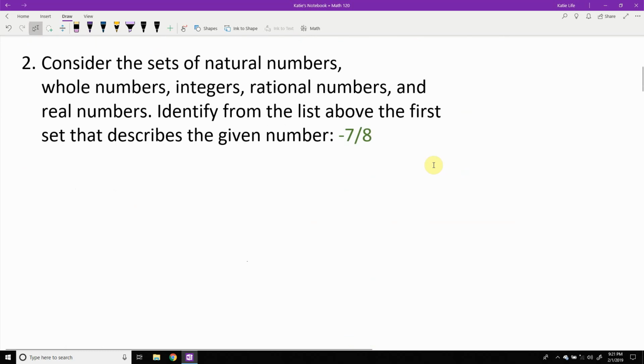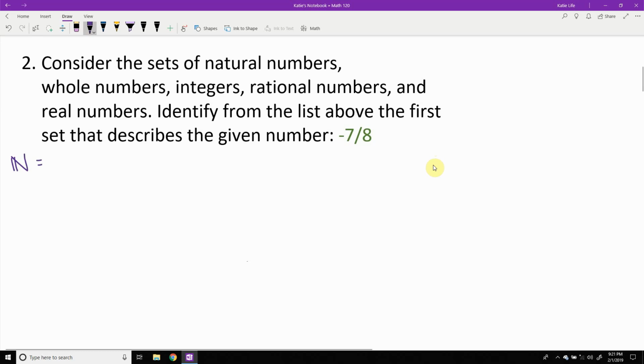Number 2, consider the sets of natural numbers, whole numbers, integers, rational numbers, and real numbers. Identify from the list above the first set that describes the given number. Okay, so this might be a good opportunity just to review what all of these sets of numbers look like. The smallest set is the set of natural numbers, which we use an interesting looking uppercase N to denote.